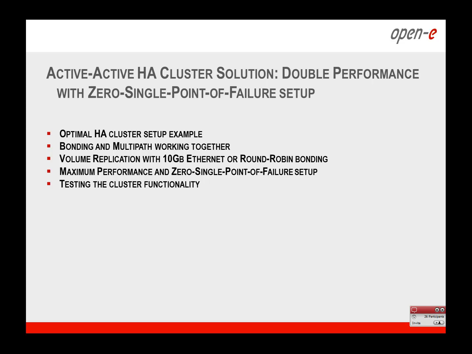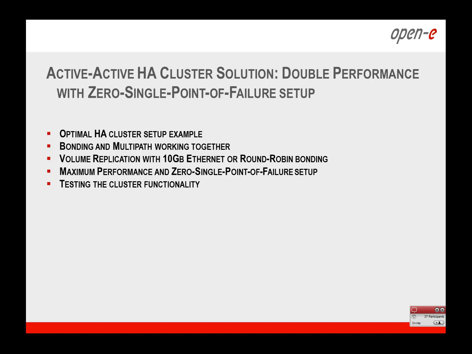We will also discuss options about volume replication connection, whether to use 1 gigabit with round robin bonding or use single Ethernet. That's for performance, but if you also want zero single point of failure, then you can probably consider even bonding with 10 gigabit Ethernet.